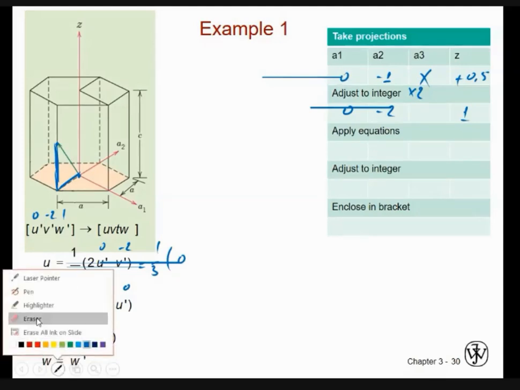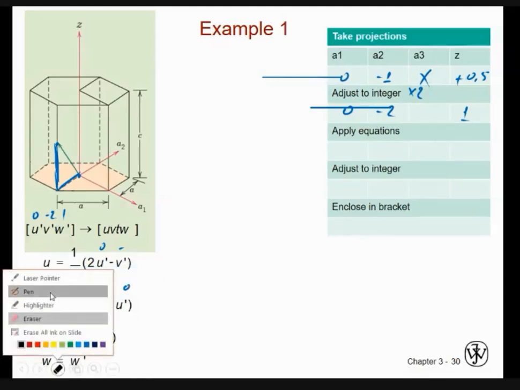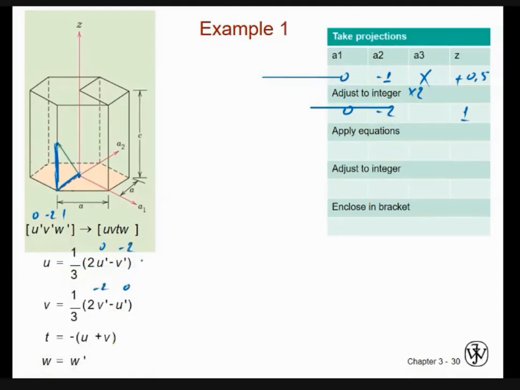Let me just do it again. It was negative 2. So 1 over 3, 0 minus negative 2, it will be positive 2 over 3. For this one, 1 over 3, negative 2 minus 0, negative 4 minus 0. It will be negative 4 over 3.